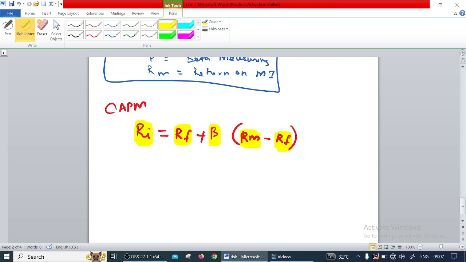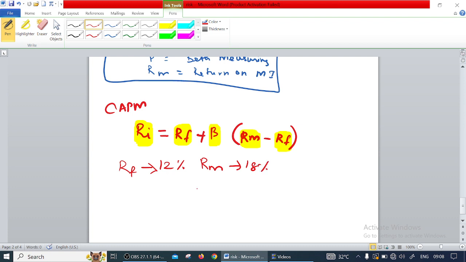So now I will tell you one important observation. Assume, for example, the risk-free rate Rf is 12 percent on treasury bill rate or bank rate, and the market return is 18 percent.